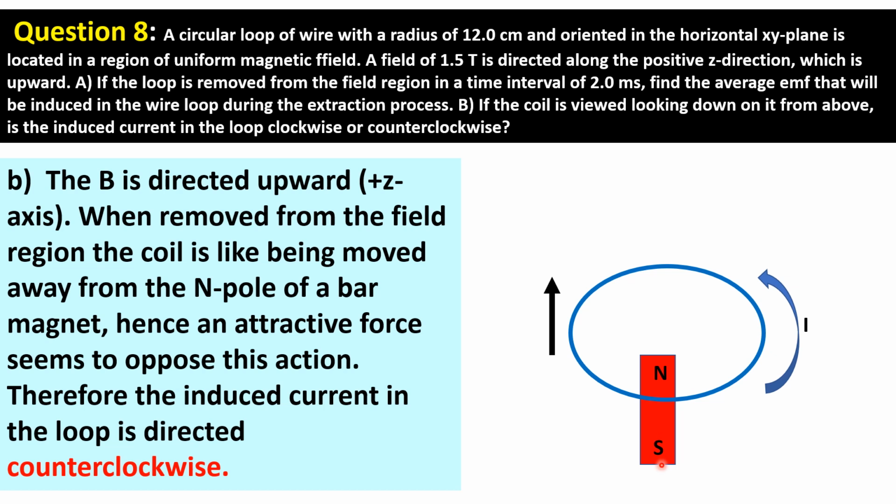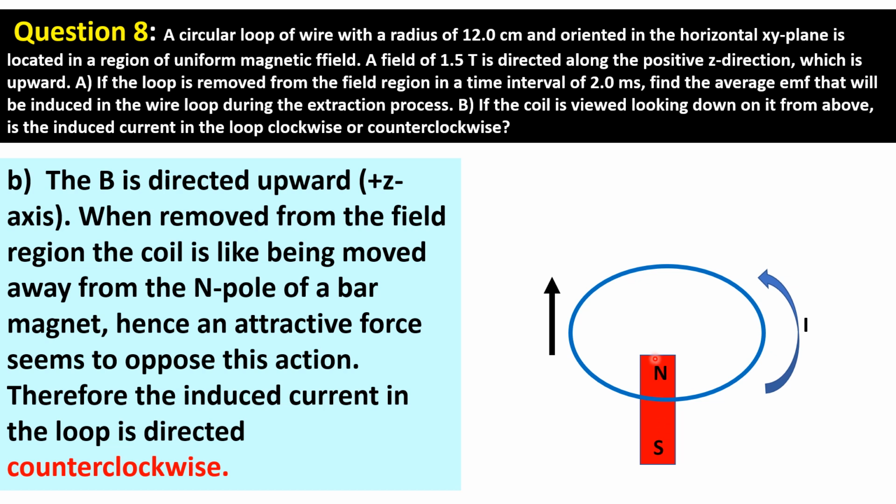The magnet is considered fixed, so its own magnetic field doesn't change. But the mere fact that you're going to withdraw, or move the circular loop away, means the induced current will behave in such a way that the loop will have its own magnetic field that is opposed by the bar magnet.